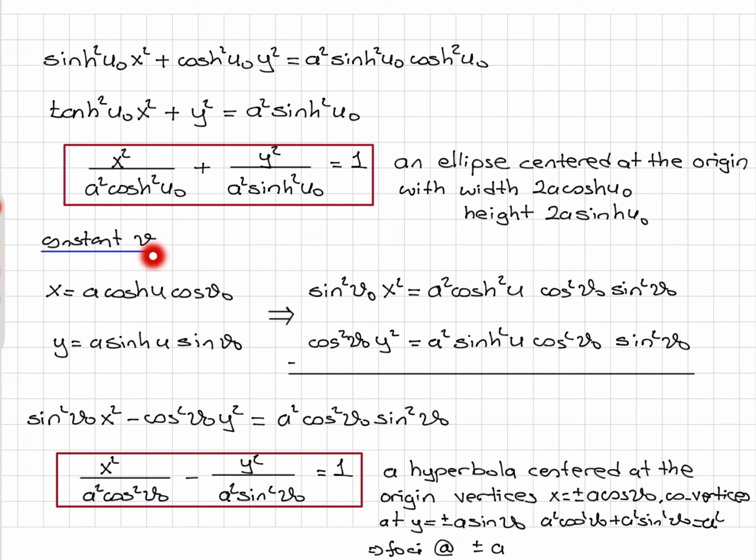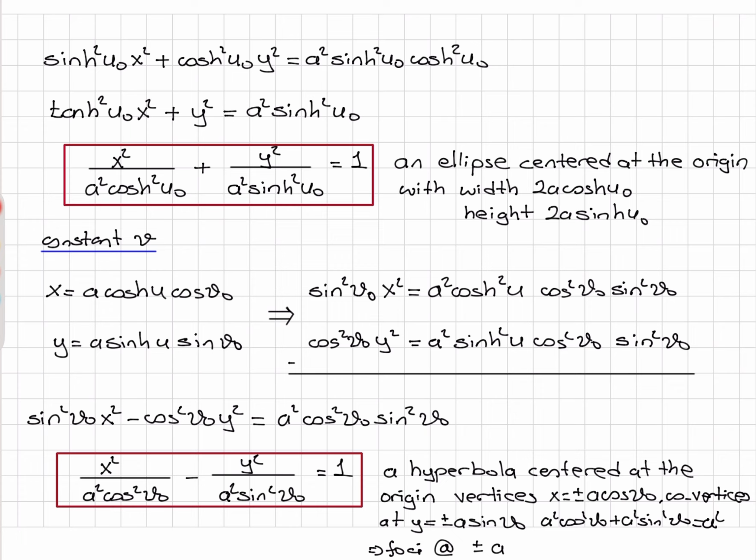For constant v surfaces, I squared the x equation and multiplied by sine square v0, and then I squared the y equation multiplied by cosine square v0. So that's here, and this one is here. Now I notice that I have a square cosine square v0 sine square v0, the same prefactors for cosine hyperbolic square and sine hyperbolic square. So I subtract the second equation from the first because I know cosine hyperbolic square minus sine hyperbolic square is equal to 1. So this I have used many times.